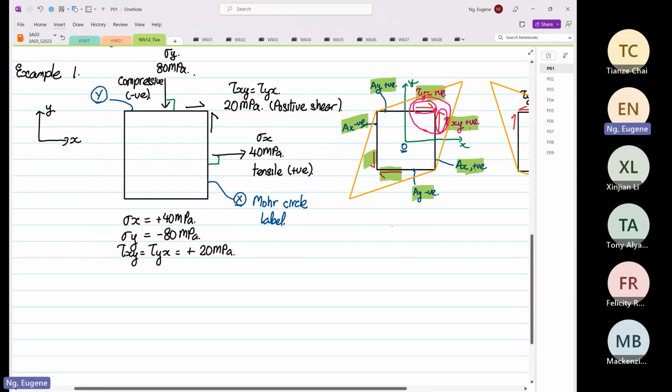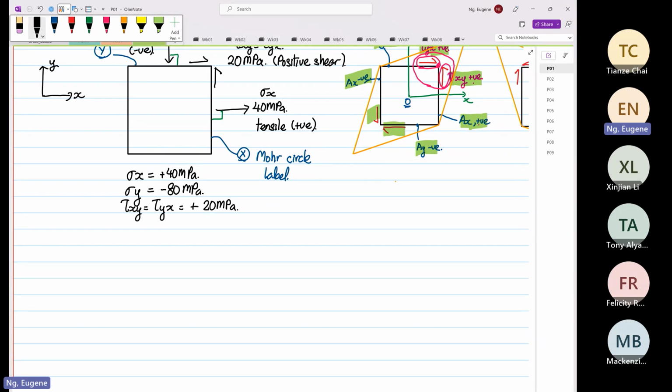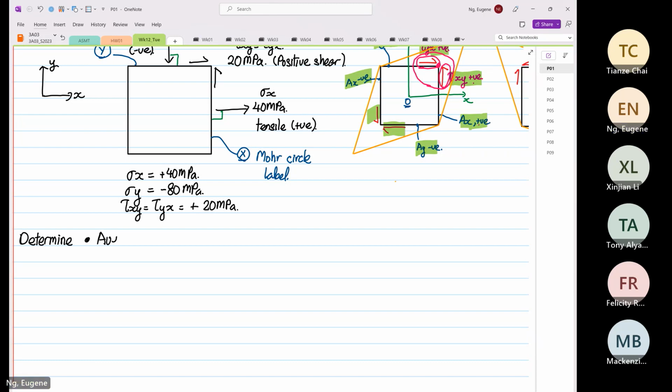Okay. So now, this question, what we want to determine first. So we are going to determine a few things. We're going to determine the average normal stress.